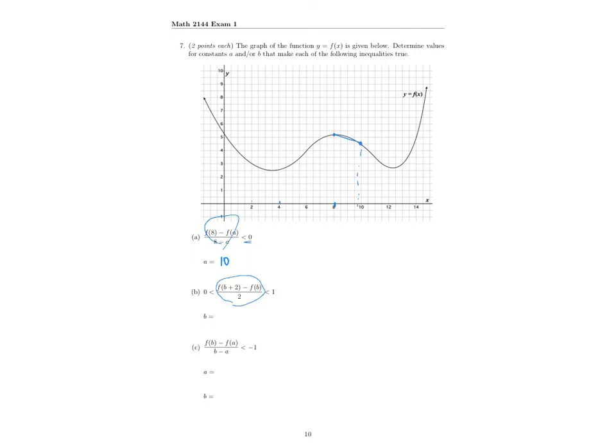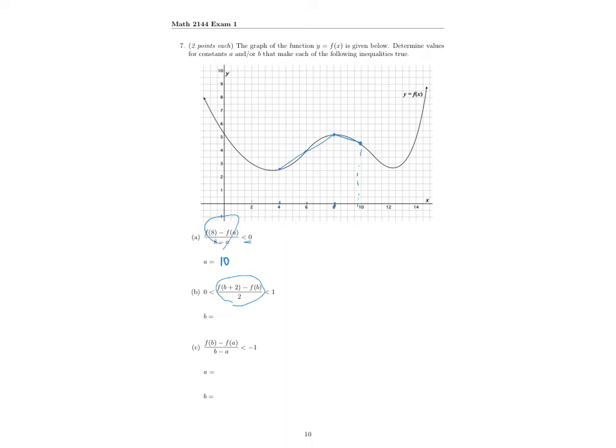So if we went 4 to 6, I think that slope is too big. The slope from 4 to 6 is, yeah, bigger than 1. So let's do like 6 to 8. Is that slope bigger than 1? The slope is slightly bigger than 1.